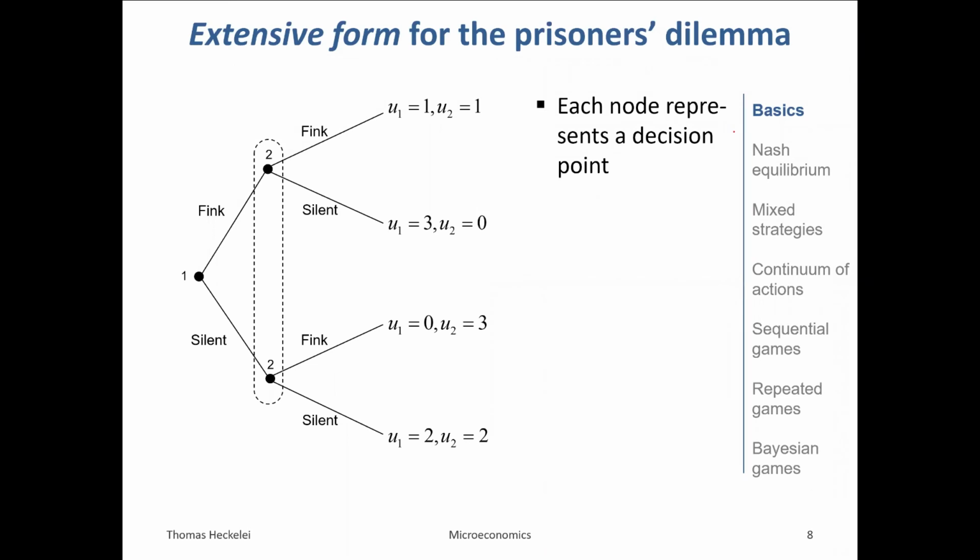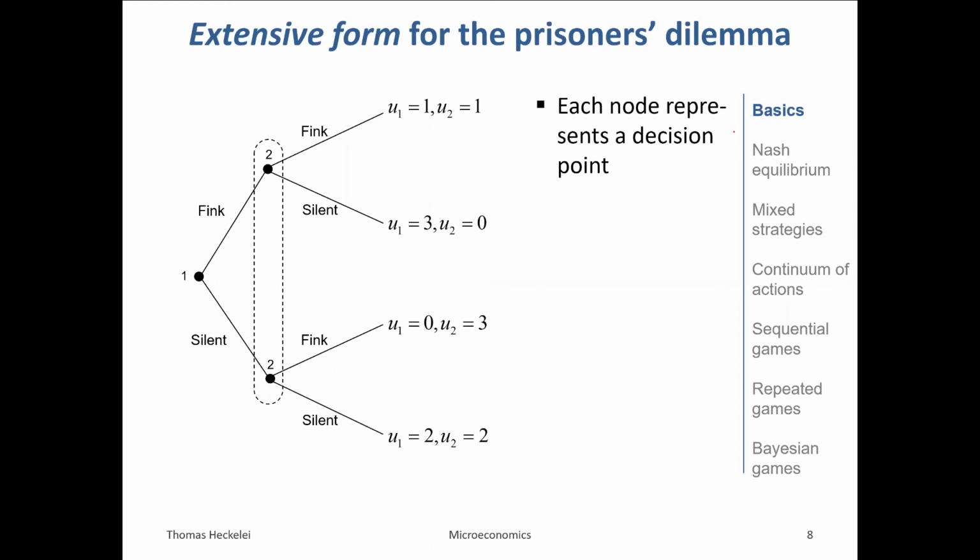Now let's look at the extensive form first. So it's the decision tree. I somehow feel that it will be more intuitive to start with the decision tree than the matrix. So we look at it first now.